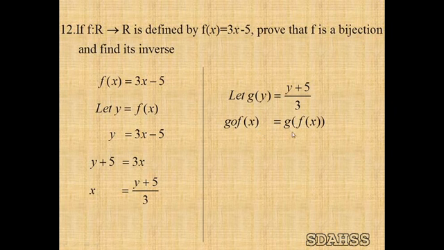Now substitute f of x is equal to 3x minus 5. So this can be written as g of (3x minus 5).